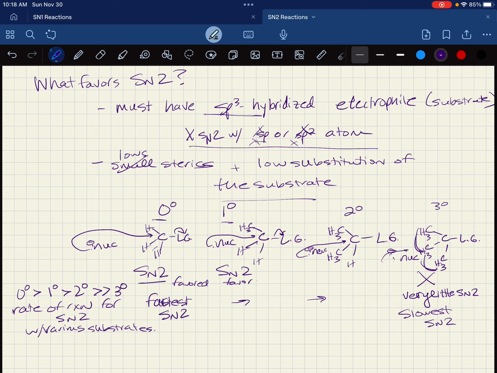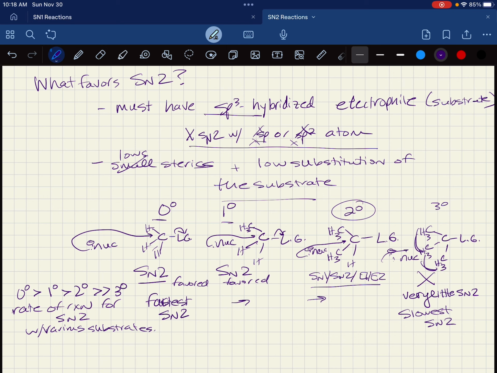A lot of times with methyl or primary, as long as they're not allylic or benzylic, it will favor SN2, because once we have allylic or benzylic, that's going to start to favor more SN1, because that carbocation is going to be so much more stable. Then when we get to secondary, we're really going to see competition: SN1, SN2, and also E1 and E2, which we haven't discussed yet.